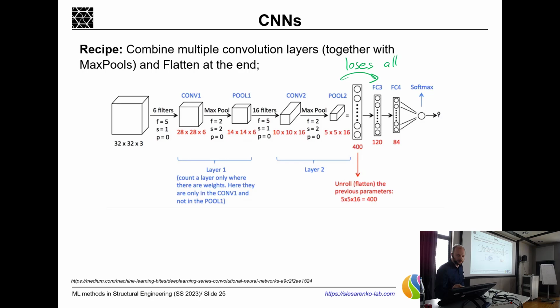So therefore, this transition loses all spatial information. It's important to do convolutions until the point when you're quite satisfied. Otherwise, why do we build convolutional neural networks like that? Because we want to save the amount of weights that we are training.